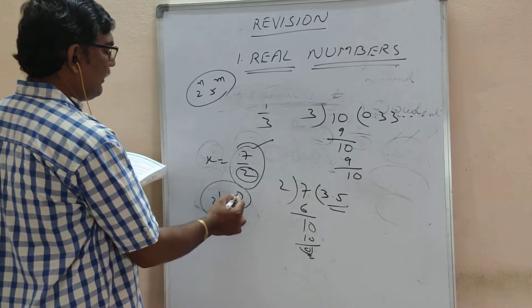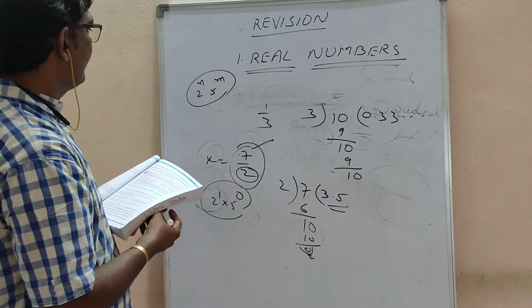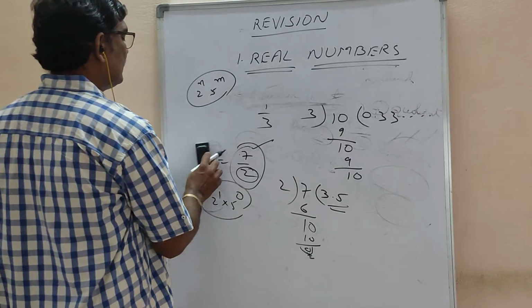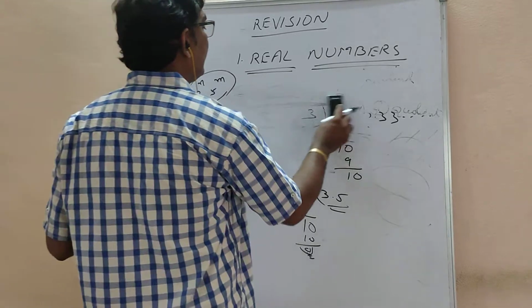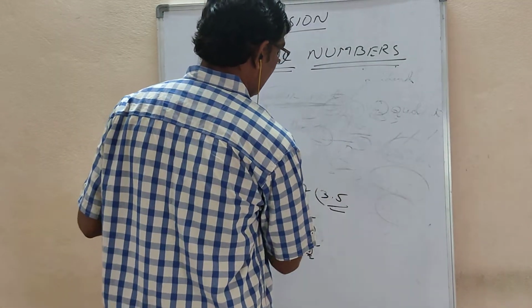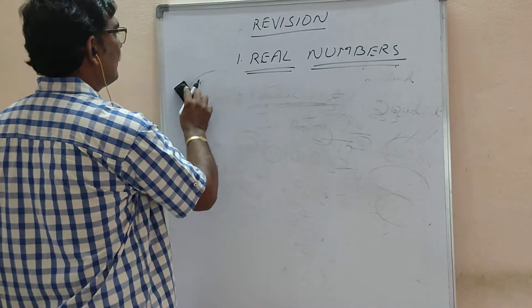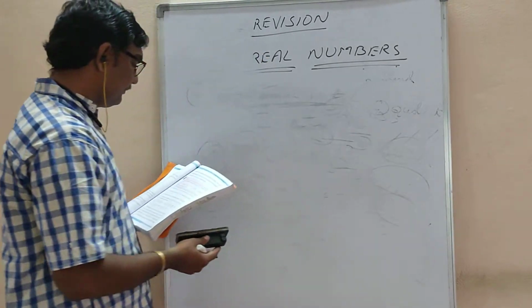Any number to the power 0 has the value 1. So any fraction whose denominator is in this form is a terminating decimal. Okay. Next we will go to the next theorem.